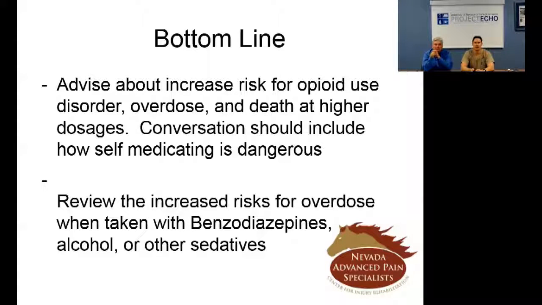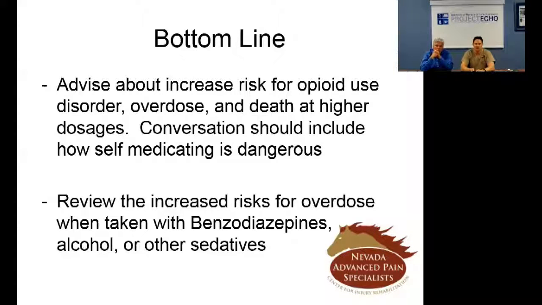Okay. CDC also recommends that you advise the patient on the increased risk of opioid use disorder, overdose, and death at higher dosages. And they want you to discuss specifically in that conversation how self-medicating is dangerous, because a lot of patients aren't going to follow the prescriptions on your bottle, and so they want patients to be aware that taking medications not as prescribed can lead to these consequences.